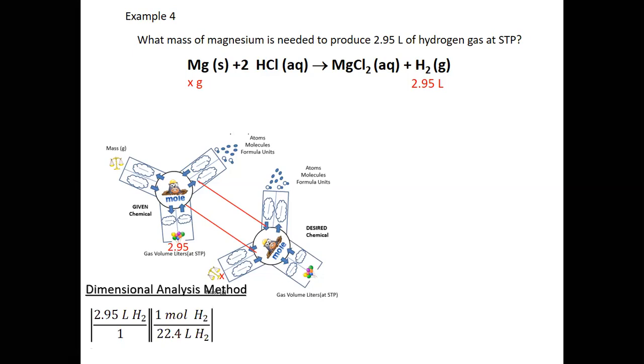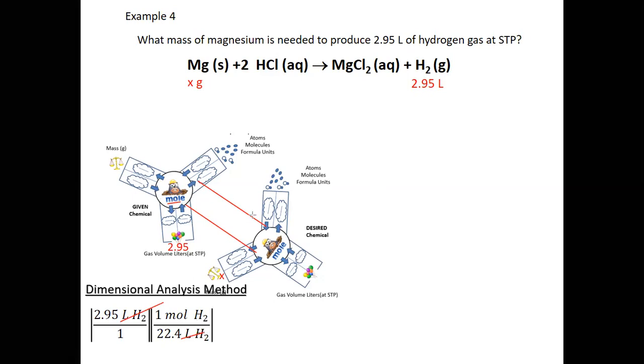Some students are tempted to always want to use the formula H2 and determine how many grams. Since it specifically lists this as a volume quantity in liters, that would be incorrect to do. That would lead us to this particular portion on our map called mole. Now we know the mole amount of hydrogen.